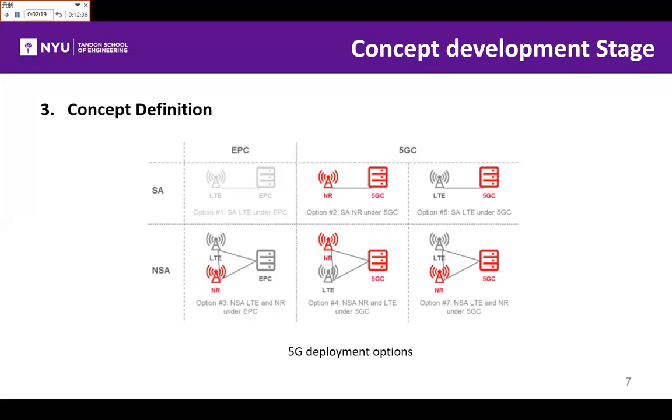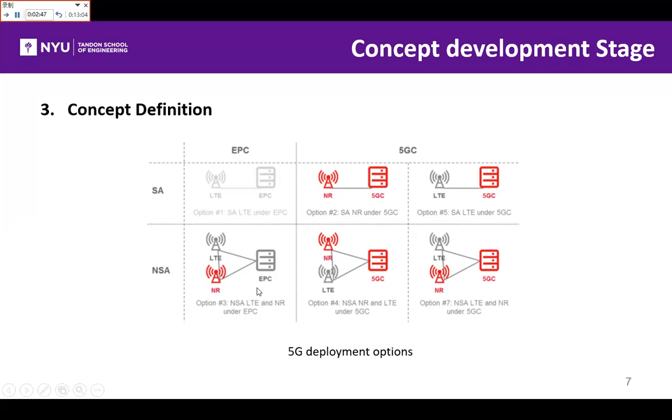This way, the cost will be reduced. However, NR new radio technology could provide better performance. It could provide a more reliable connection and a higher network speed. So here is a trade-off between performance and cost.